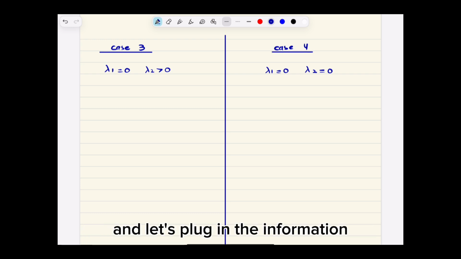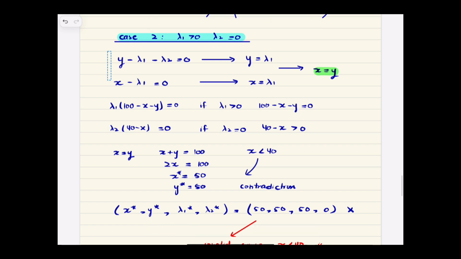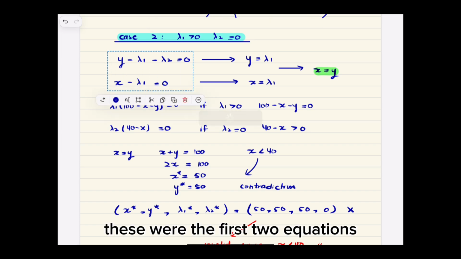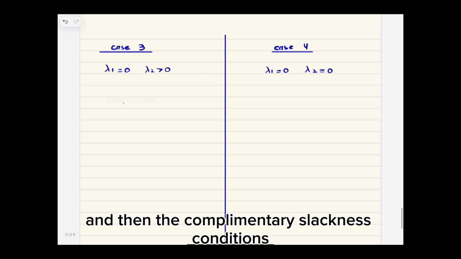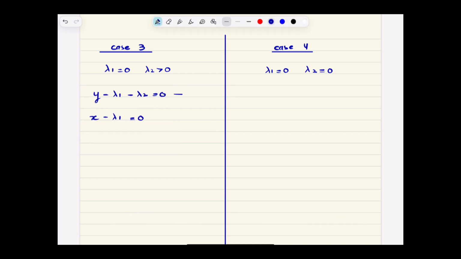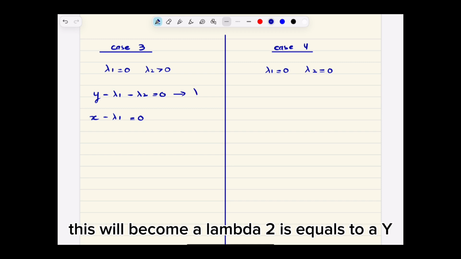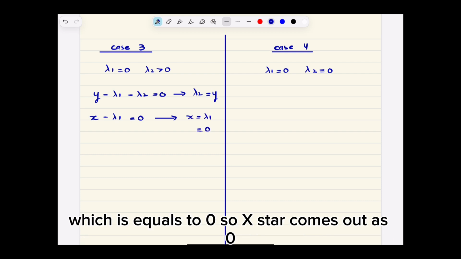And let's plug in the information. The first equation, these were the first two equations, and then the complementary slackness conditions. So let's see, the optimality conditions become: this will become lambda 2 equals y, and this will become x equals lambda 1, which equals 0.